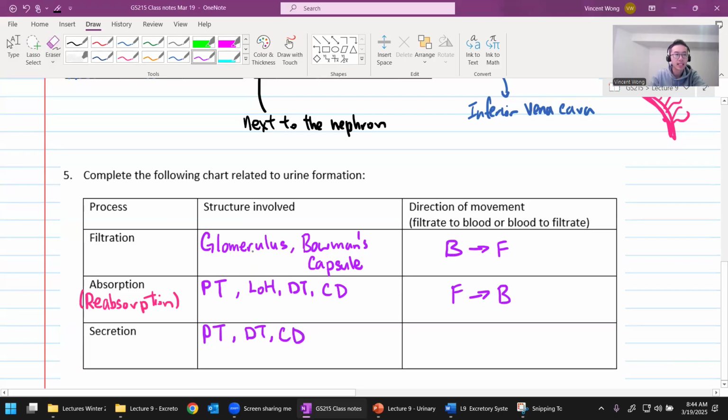There's no secretion in the loop of Henle. And secretion is blood to filtrate. If you miss some stuff in the initial filtering process, if there are some waste product that you didn't get rid of initially, secretion will give you a chance to fix that.